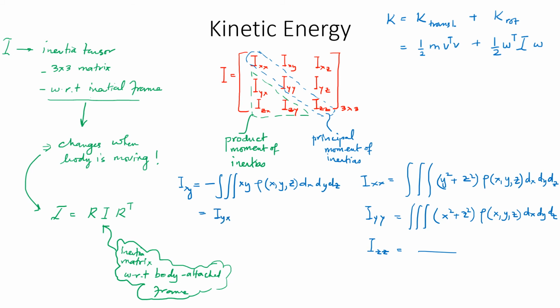So in that sense, you have the inertia matrix to be a symmetric matrix. And similarly for, let's say, xz, you're going to have a similar formulation where you have x and z multiplied, and then you have the density of the material. And that would be equal to Izx. And similarly, you're going to find one expression for Iyz as well.